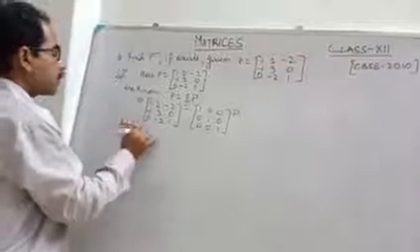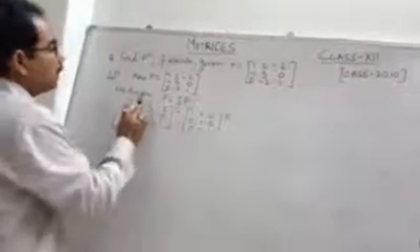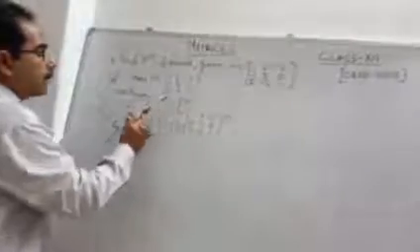Let us go with the row transformations. Anyhow, we have to make this into the identity matrix.